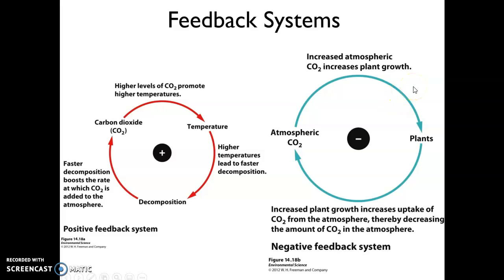Now, in reality, the plants have not been able to keep up with the atmospheric CO2 that has been produced by humans. So the plants have been able to increase plant growth and absorb about 50% of the increased atmospheric CO2. So that is something, but it's not everything.